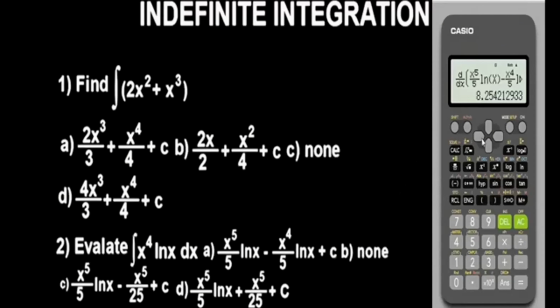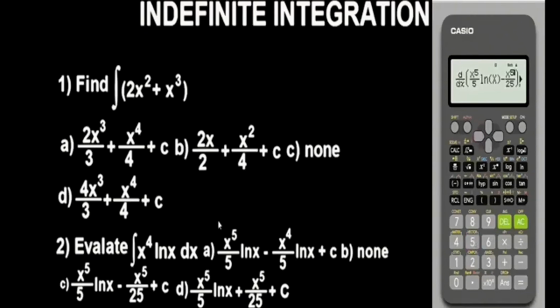Let's just adjust it here, guys. There's no ln at this side of the expression, so remove this ln here. For option C, the denominator is 25, and the numerator has x to the power 5, not 4, so put 5.